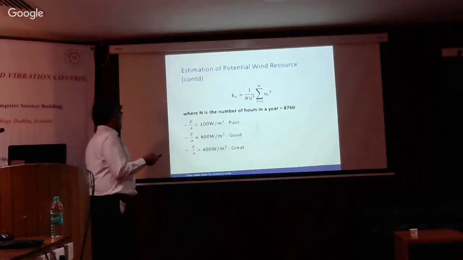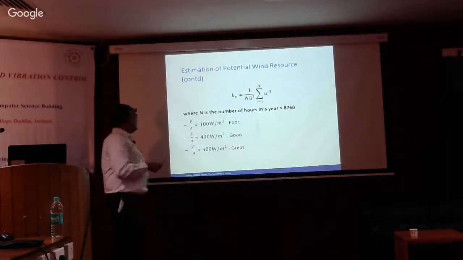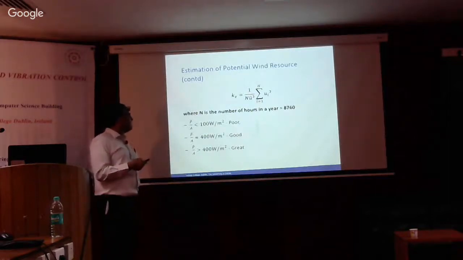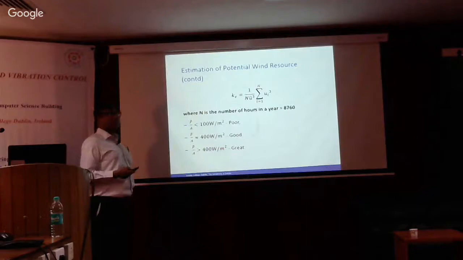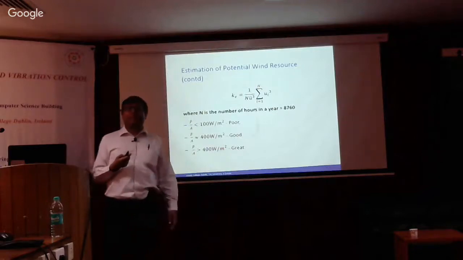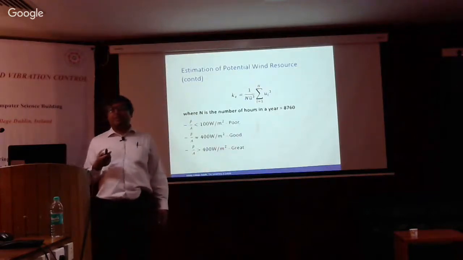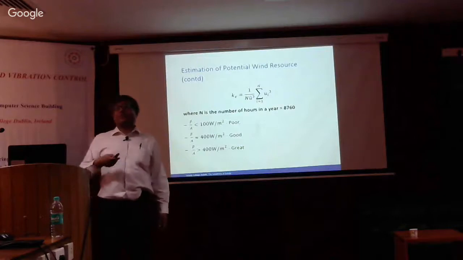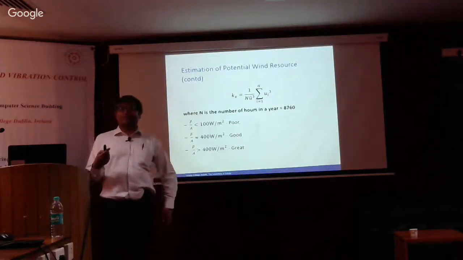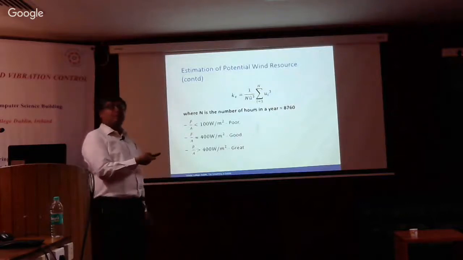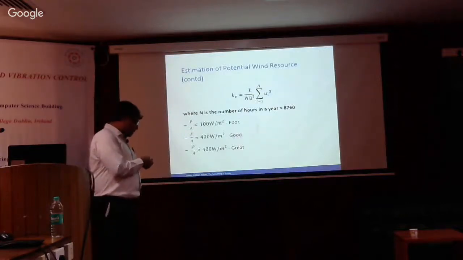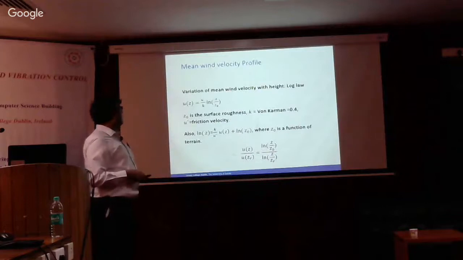If you do that and find that you have less than 100 watts per square meter, it's not a good site. If it's 400, then it's good, and if it's over 400, then obviously it's a site where you can exploit wind energy sustainably. So if you want to install something, you can do this calculation. The exercise will give you something like this, so you can find out whether it's possible to generate power.